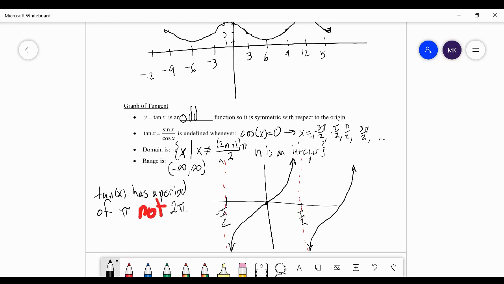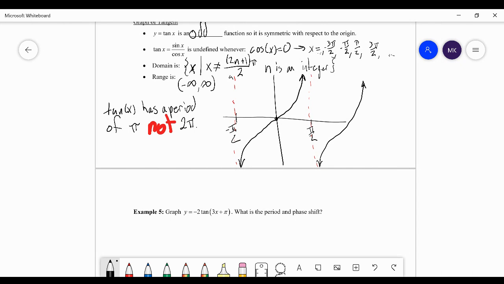Sine and cosine have a period of 2 pi. And so when we're calculating their period with that b, p equals 2 pi over b, that's why we have that 2 pi involved. But we're not going to do that for tangent because tangent does not have a period of 2 pi. It has a period of pi. And so we need to make sure that we are aware of that.